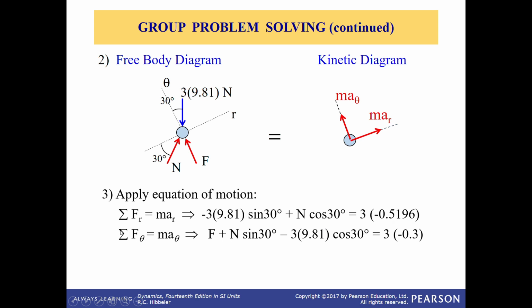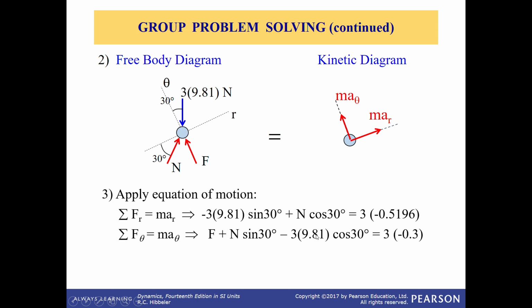Later just go for summation of F theta equal to m A theta. You repeat the same thing. F is in this direction, so of course it will be positive. And then I also have N. I resolve this in this direction, positive, because this is a vector, so you need to resolve that into components. So I have N sine 30 degrees. This is the opposite direction.